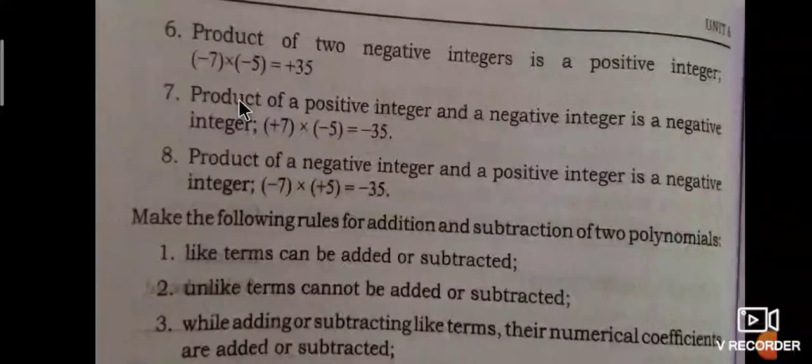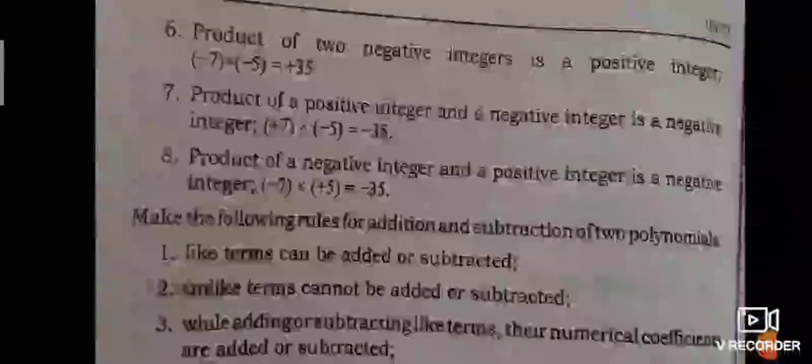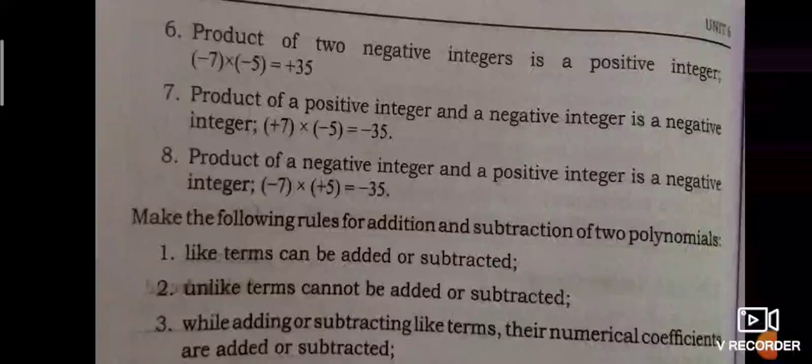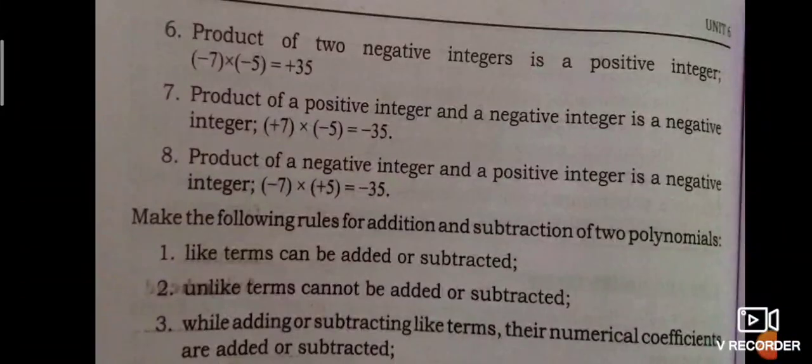Plus into plus is plus; similarly, minus into minus is plus. When two different signs are multiplied, it becomes minus. Minus into plus is minus; similarly, plus into minus is minus.